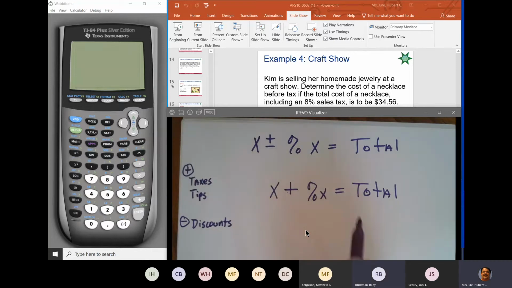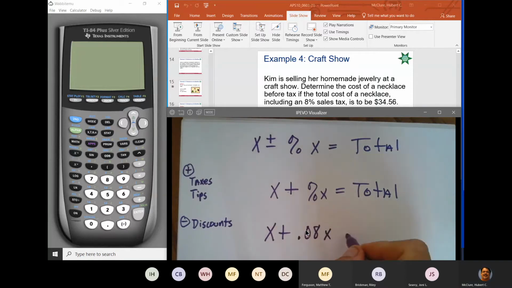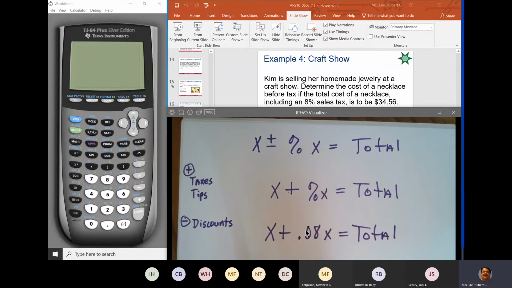So I'm going to rewrite it: X plus 0.08X. That knocks out the last number, doesn't it? That leaves you with 1 number, and all you have to do is decide whether it goes on the left or the right. All you got to do is read the question.